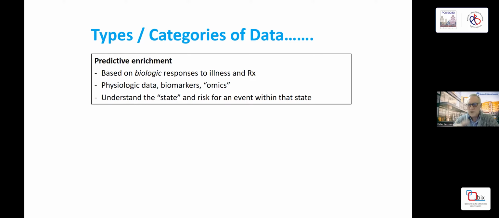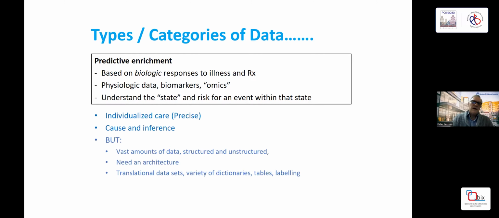Too often we go straight to the latter. Too often we try to predict the risks for a cardiac arrest, for infection, sepsis. What we need to do is make the step before that helps us understand the overall state in which the patient exists. That enables, as I said, individualized care. It enables us to get to causality and perhaps inference.